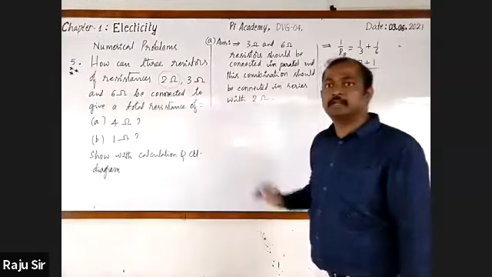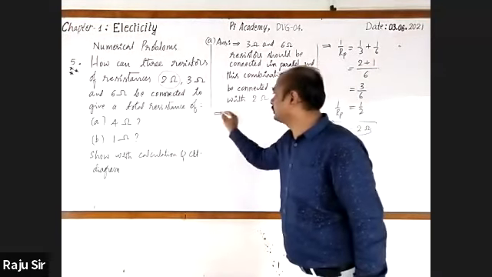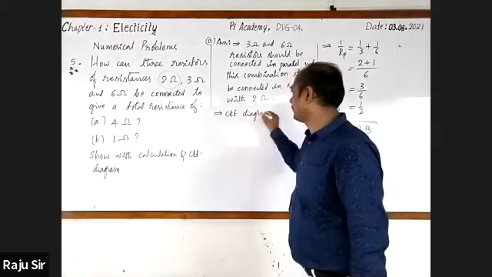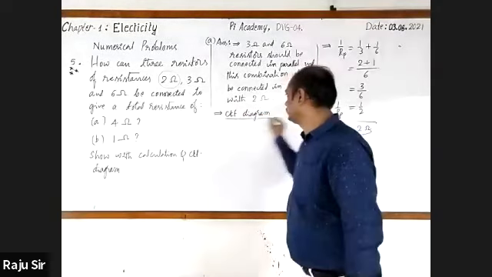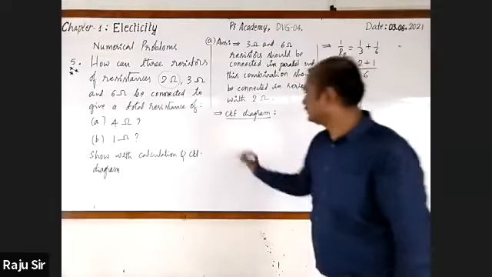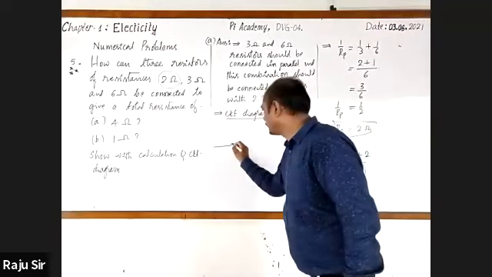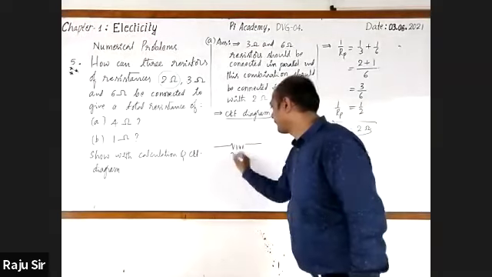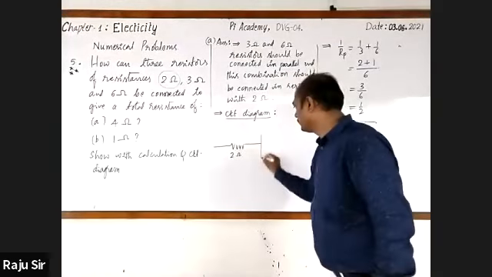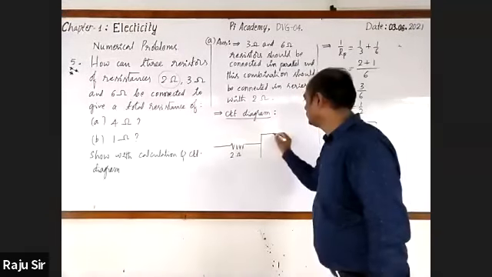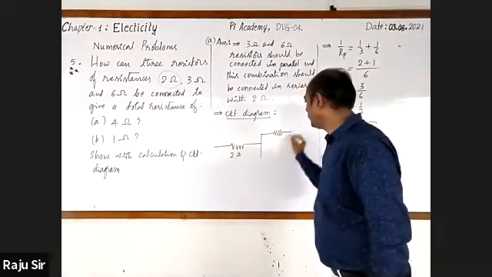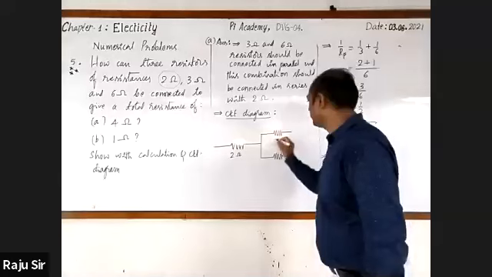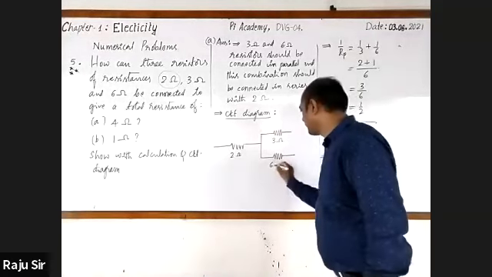So next, let's go for drawing the circuit diagram. Draw. First one is 2 ohm. Next, 3 and 6 ohm. These two are to be connected in parallel.